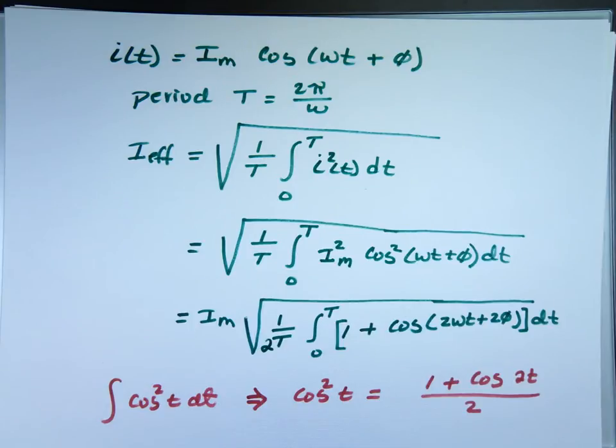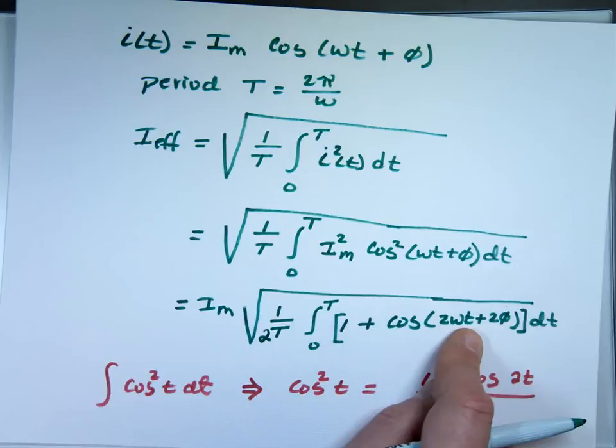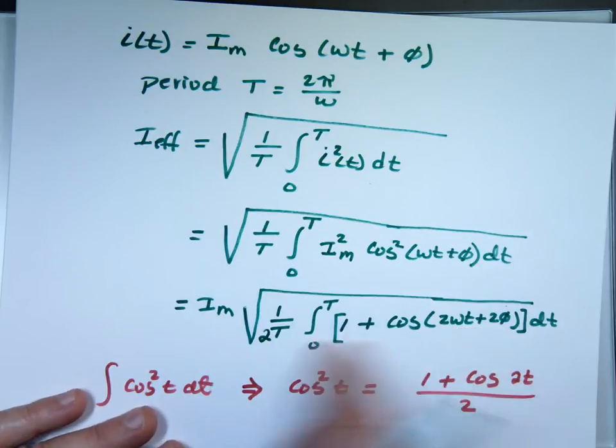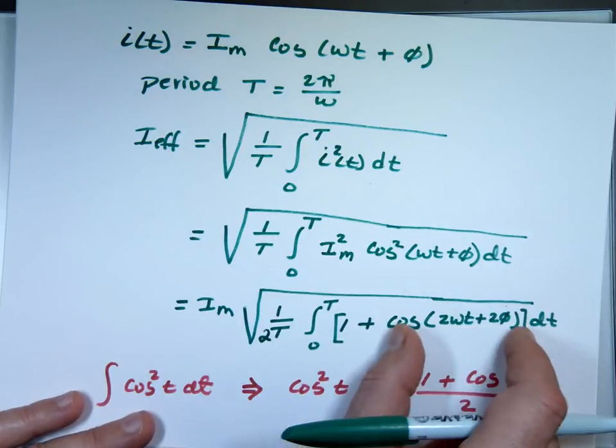Again, when you integrate a cosine function over a full period, you will end up with a 0. So if you break it down to 2 integrals, the answer to this piece is going to be 0.